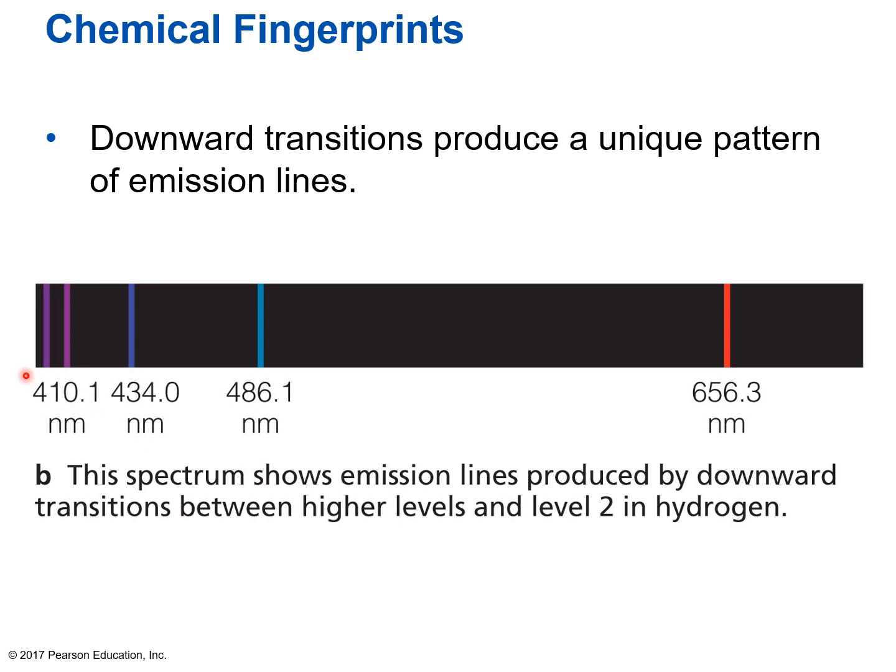Again, off the chart to the left is ultraviolet, and off the chart to the right is infrared. And the important thing to understand here is that helium, neon, carbon, all these different elements will give off their own different wavelengths.